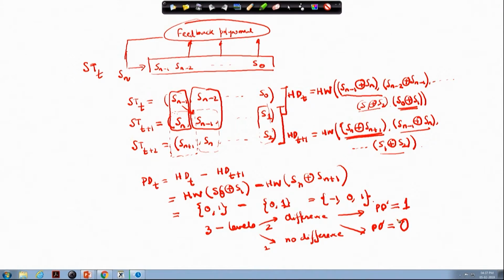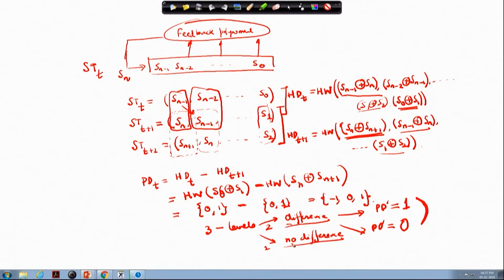So, now you see that the power of my attack depends on my ability of correctly calculating this PD dash, okay, which means correctly distinguishing this non-zero difference from this zero difference, okay.